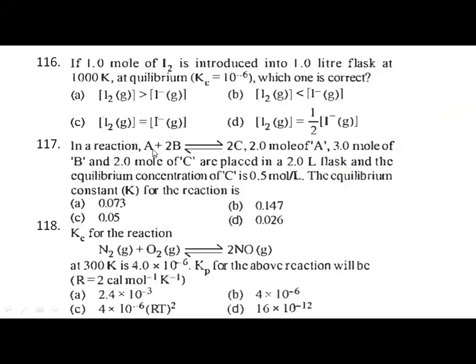Second question, in the reaction, A plus 2B gives 2C. 2 moles of A, 3 moles of B and 2 moles of C are placed in 2 liter flask. And the equilibrium concentration of C is 0.5 moles per liter. The equilibrium constant for the reaction is. Okay, let us write the reaction. So here A plus 2B gives 2C.